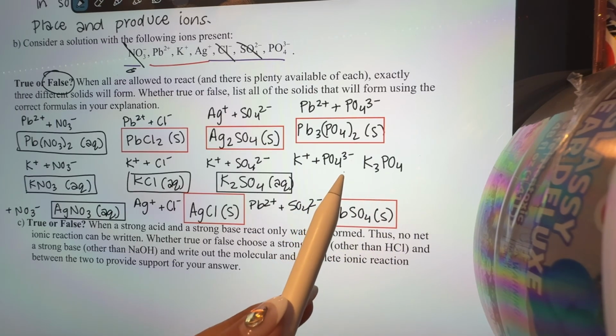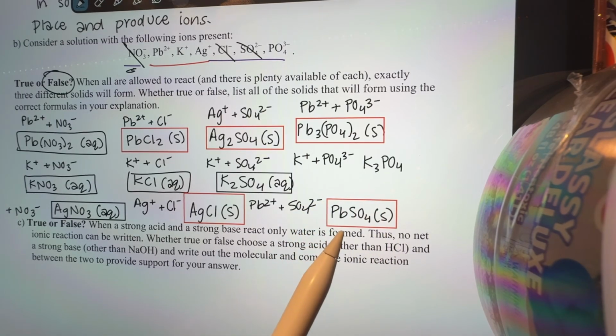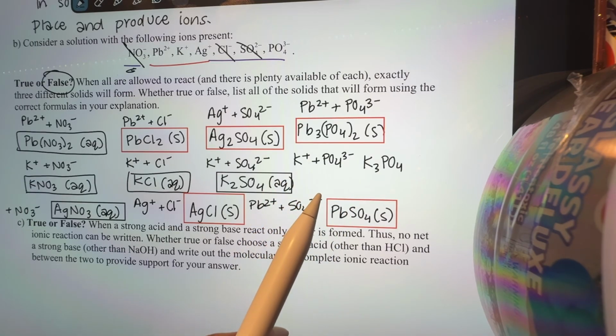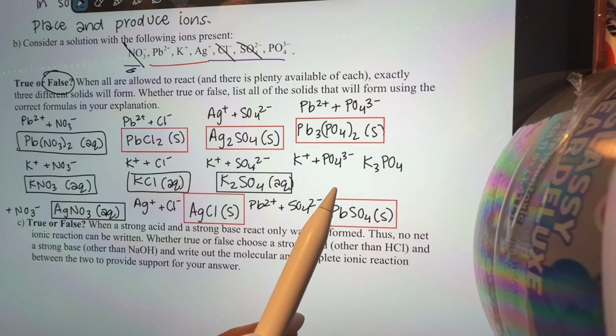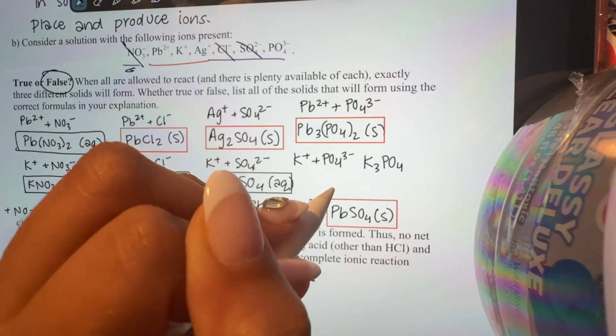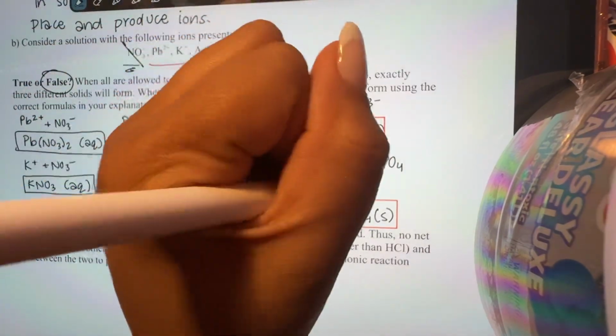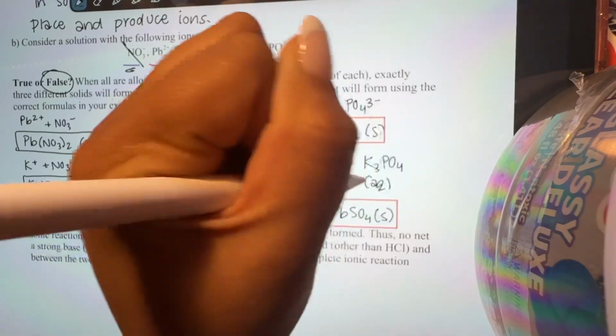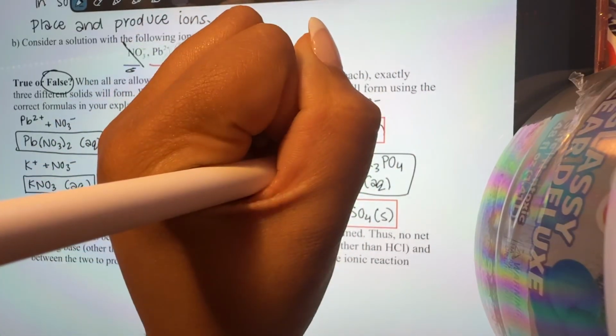However, K plus is a group 1 ion, and rule 8 said except those of group 1. So I think this is going to be one of the exceptions, and it's actually going to be soluble, so it's going to be an AQ. So that's not a solid.